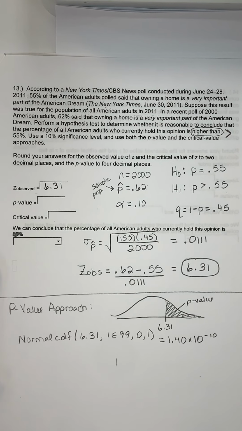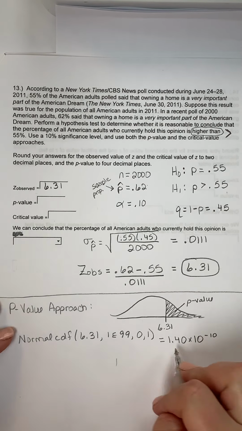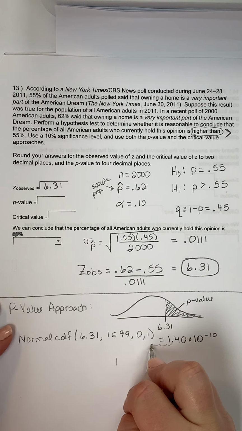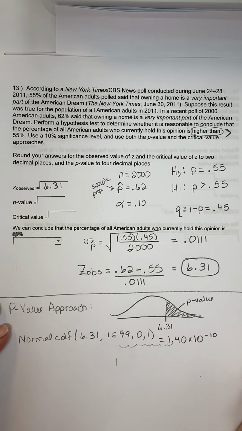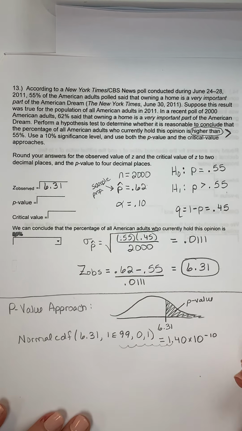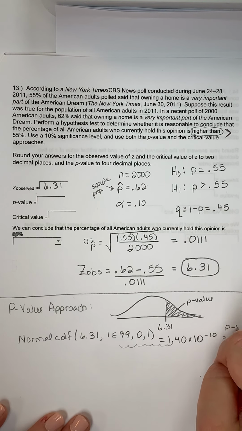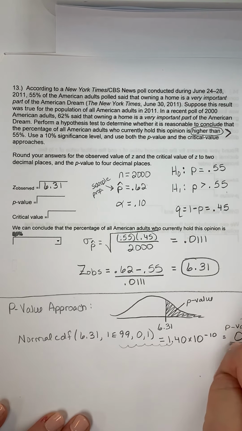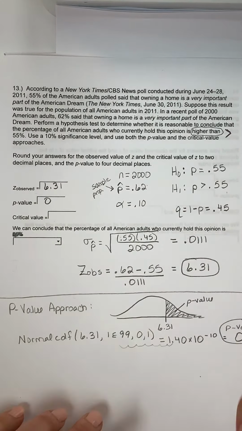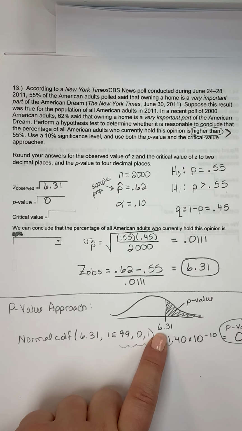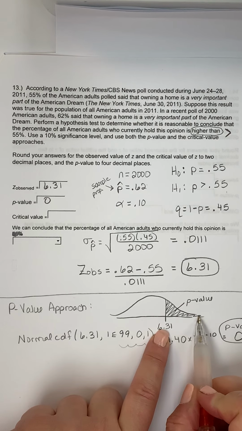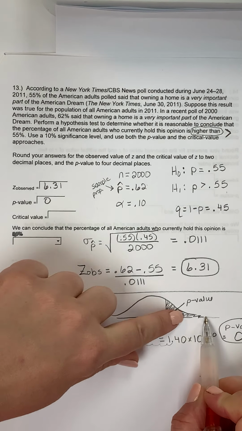What does that mean? That means it is so tiny that if I went over 10 places to the left, that's essentially 0. Your p-value is essentially 0. Because think about this. I didn't even think when I wrote 6.31. 6.31 is actually way out here in the tail.